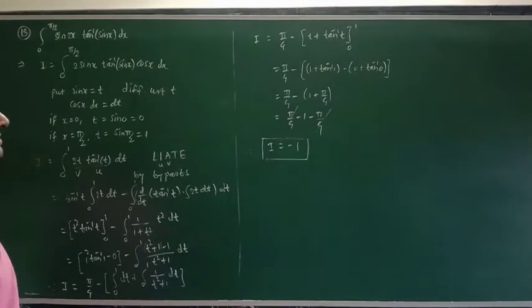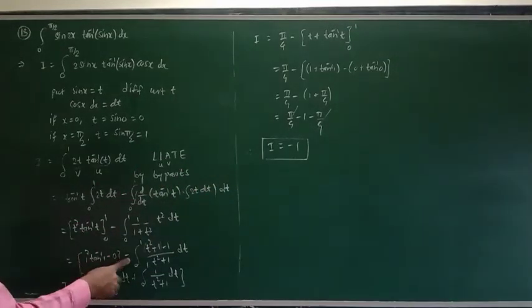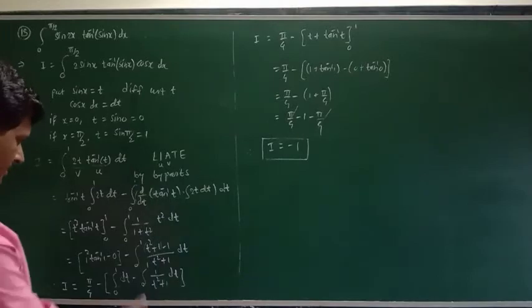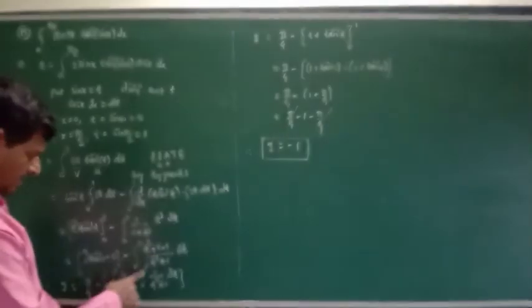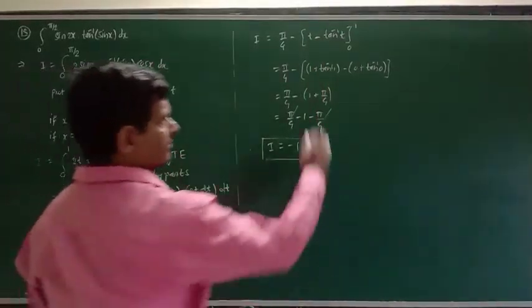Okay, see here we have one mistake in the calculation. So the first integral is, if I keep the negative sign here, then here is again a negative sign. First term is positive, second is negative. So the integration is t minus tan inverse t.